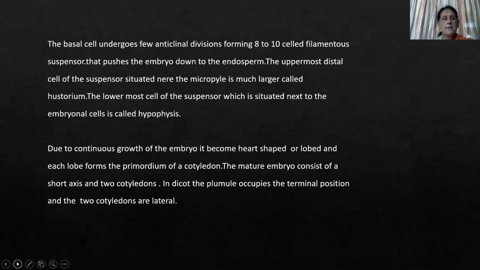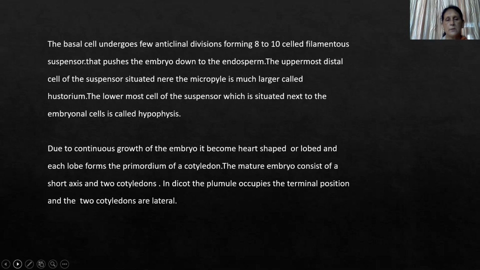The outermost distal cell, that means the lowermost cell, the distal cell of the suspensor situated near the micropyle is much larger and it is called haustorium. So suspensor has 8 to 10 cell filamentous cell, and the top cell that is the largest is called haustorium.